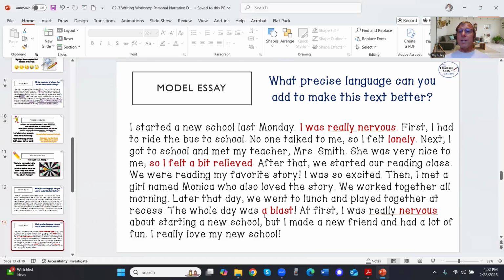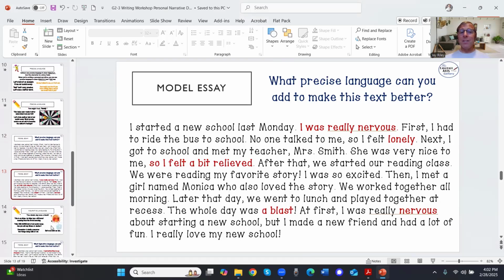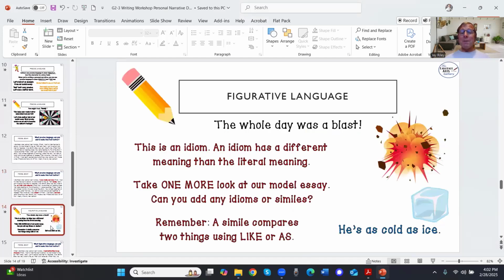The whole day was not fun. It was a blast. And at first, I was really nervous about starting a new school, but I made a new friend and had a lot of fun. And I really love my new school. So that was really great, getting our students to add precise language.